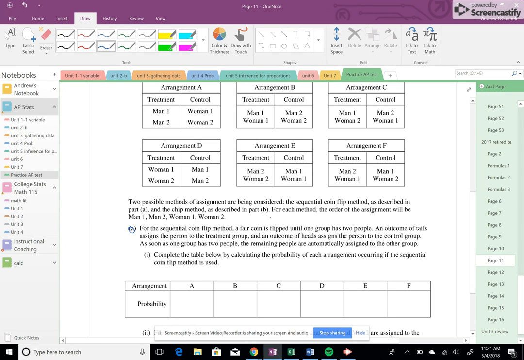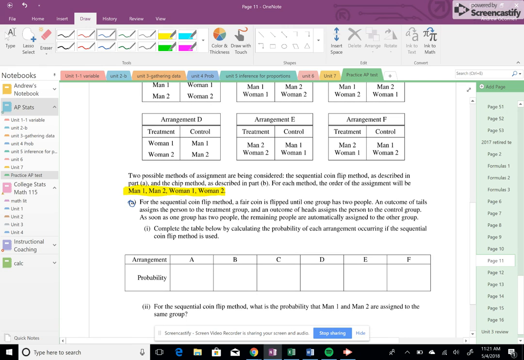on the next page. For each method, the order of assignment will be man 1, man 2, woman 1, woman 2. Right here, this is critical, and if you're not reading clearly, then I think you're going to struggle with the problem. So, for the sequential coin flip method, a fair coin is flipped until one group has 2 people.